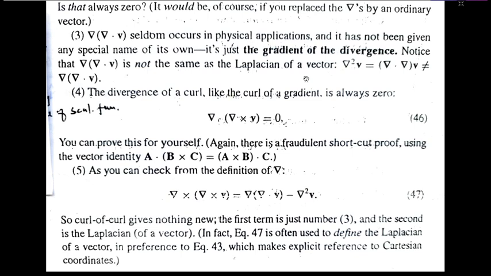Now the divergence of a curl is also always 0. Here also you can prove that del cross v, and then you can take del dot del cross v, and that always comes out to be 0.